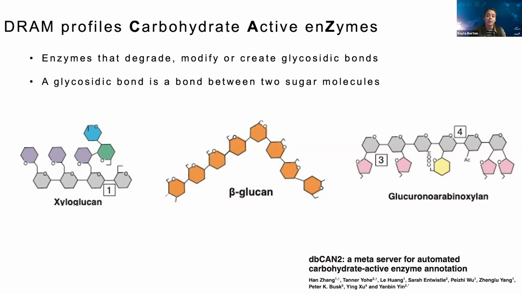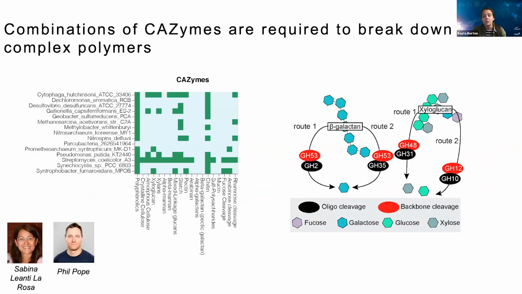And so what DRAM does, we teamed up with Phil Pope and his team to really curate this database. And so what this means is that we were able to classify the dbCAN calls that were to like a GH4 into things like pectin. And this expert curation and logic is housed in DRAM.